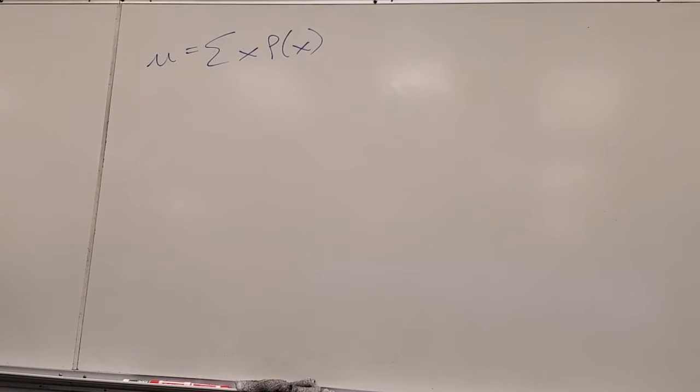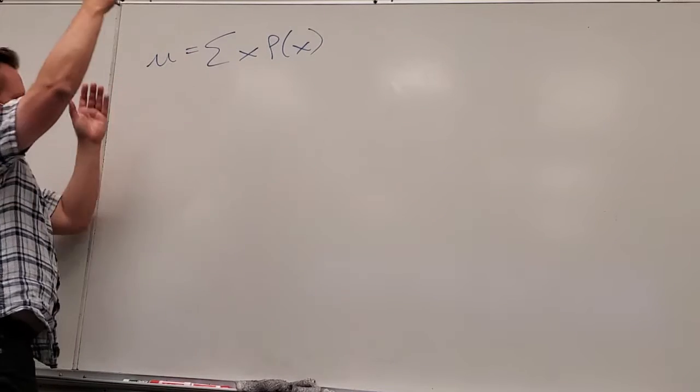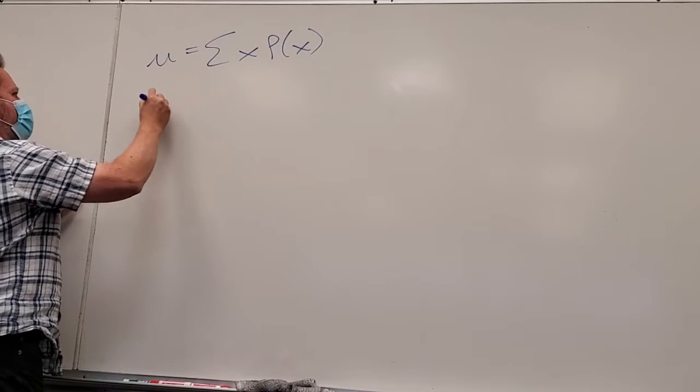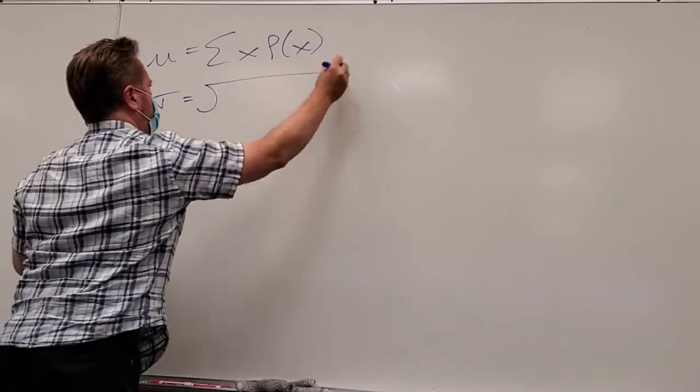Why would you use anything to do with NPQ? I want to use formulas that deal with X's and P of X's, don't I? That's how you identify formulas to use within a given problem. So I give you a table, X, P of X.